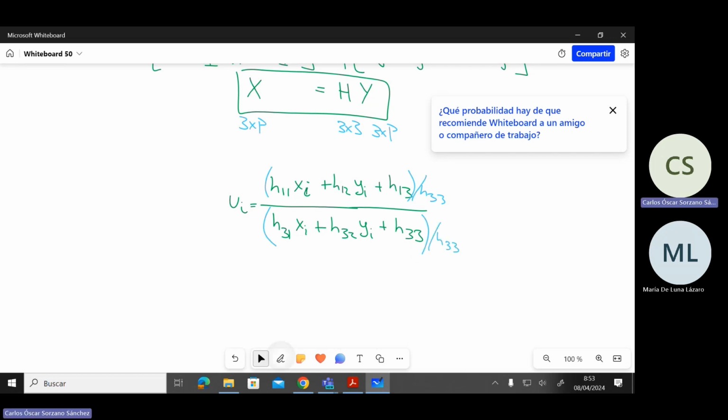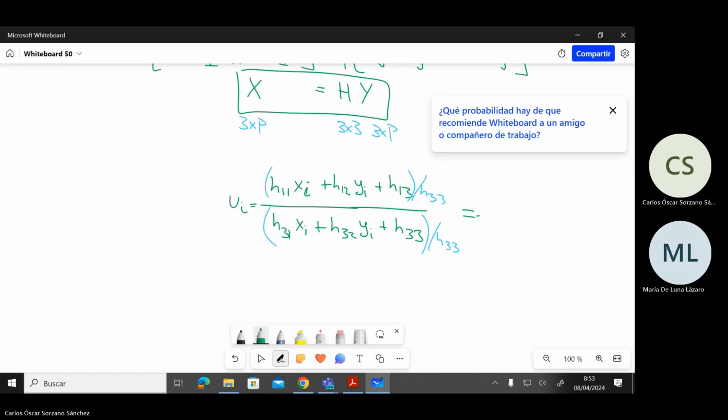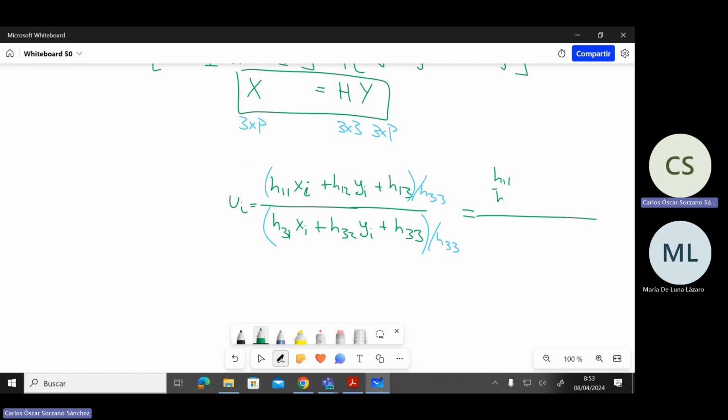Now this is equal to H11 divided by H3 times x_i, plus H12 divided by H3, and then the same for the rest.